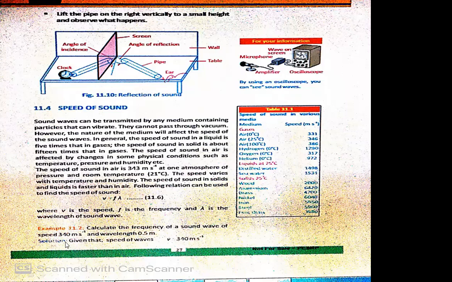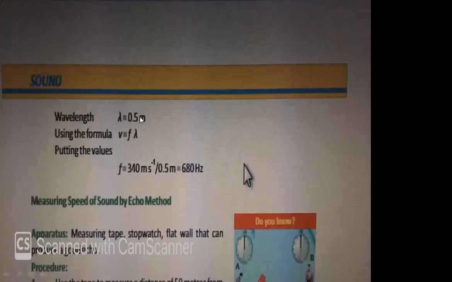First of all, I write the given data. The speed of the wave is denoted with V: V equals 340 meters per second, and the wavelength is denoted with lambda: lambda is 0.5 meters.